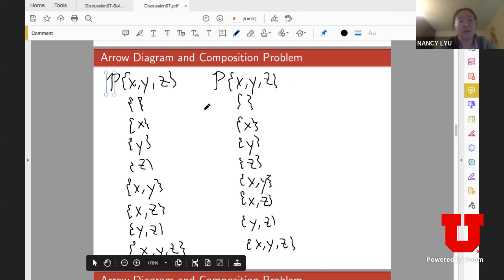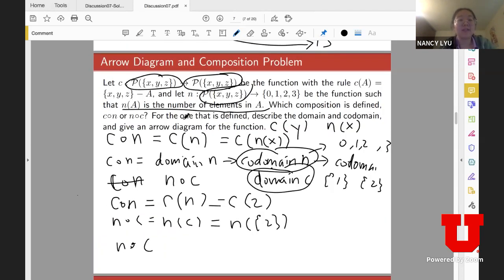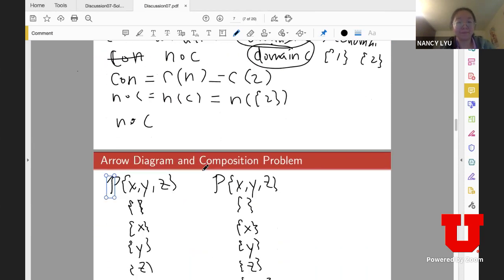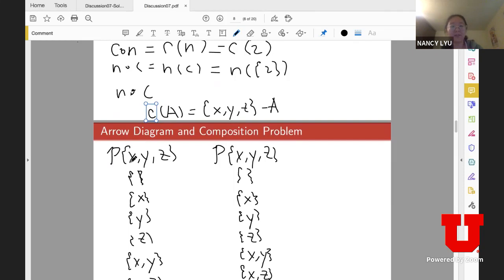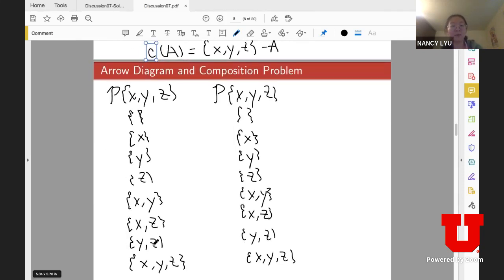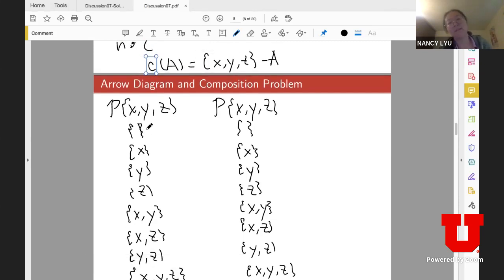All right, so remember the rule for C is the power set XYZ minus A. Imagine the left-hand side is our A. What is the empty set going to match to? XYZ minus the empty set is the set XYZ.